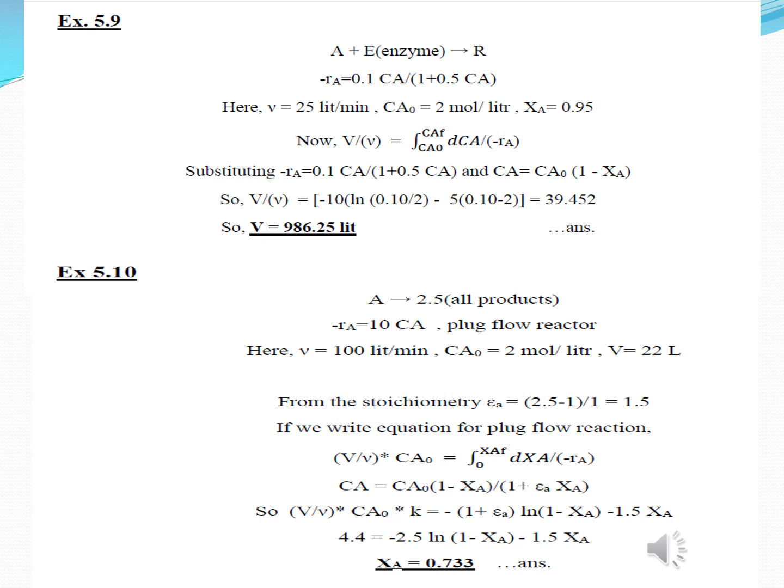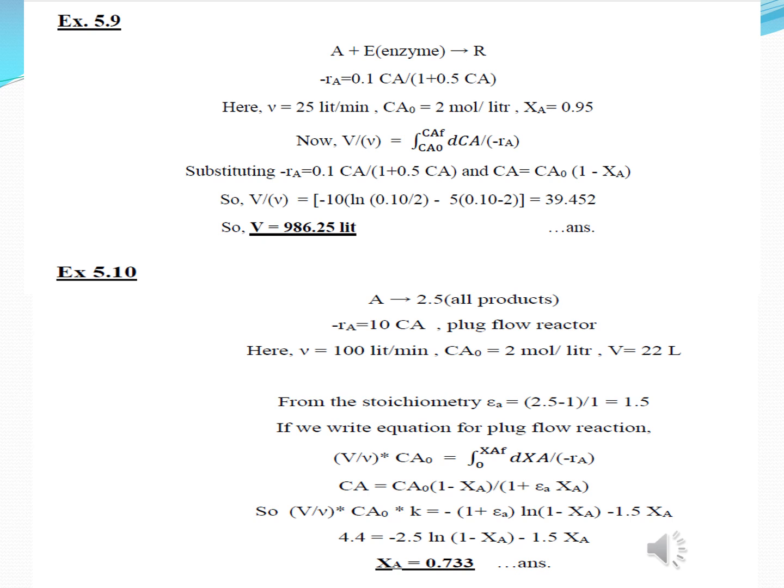You can also utilize these expressions directly from table 5.2. For this case we get V by V naught equal to 39.45, and we calculate V by multiplying by the volumetric flow rate of 25. The volume comes out to be 986 liters.